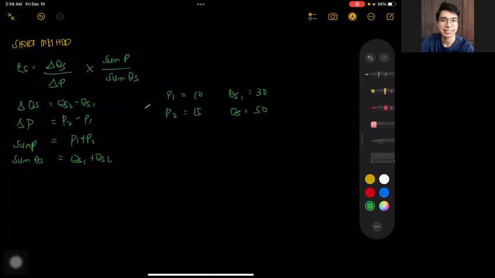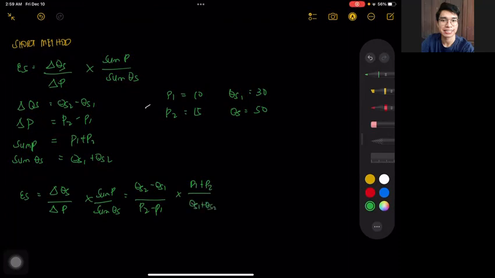I-rewrite po muna yung formula para mas maintindihan natin. ES is equal to change of QS divided by the change of price times the sum of P divided by the sum of QS. So QS2 minus QS1 divided by P2 minus P1 multiplied by P1 plus P2 divided by QS1 plus QS2.